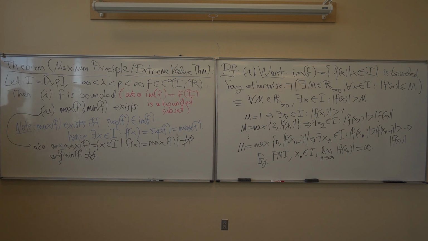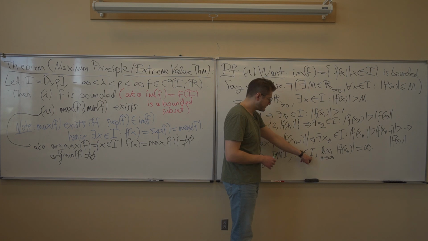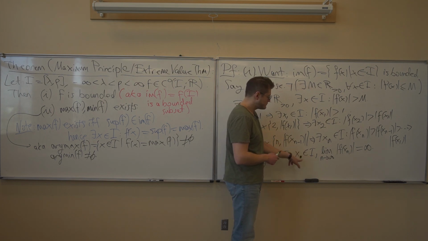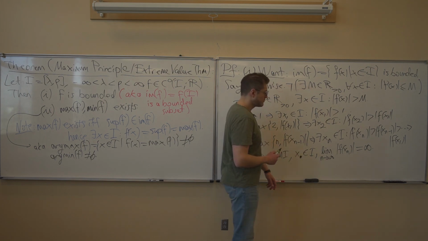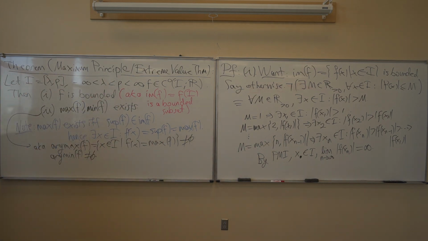So I have a bounded sequence whose image blows up. Well, if I have a bounded sequence, right, because this is a closed and bounded interval, which means that this is a bounded sequence, Bolzano-Weierstrass tells me that I can sample a subsequence that converges.